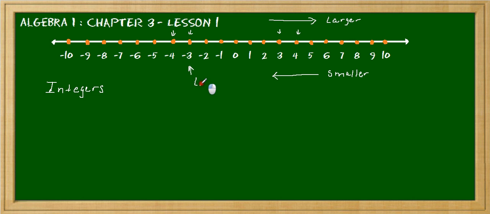So this would be actually larger than negative 4. I know that we're used to seeing positive numbers, let's say 0, 1, 2, 3, 4, 5. So we would always think of 4 as being larger than 3. But when we start getting to the negative scale, because the numbers are actually getting smaller, we would say that negative 3 is actually larger than negative 4.